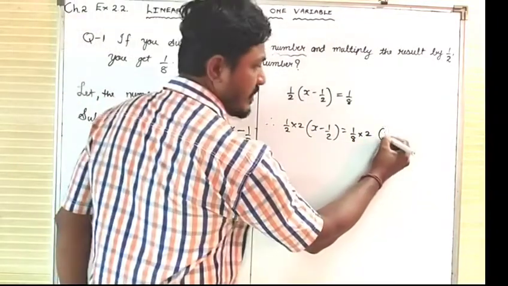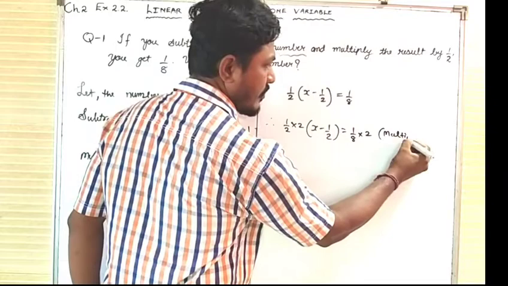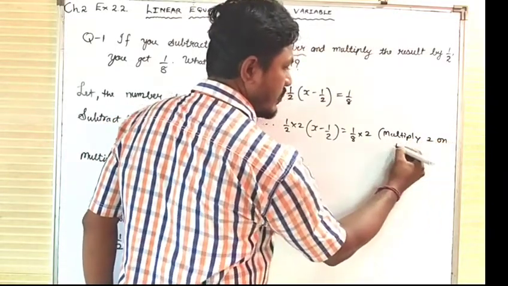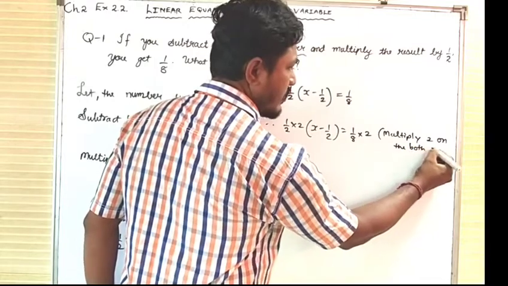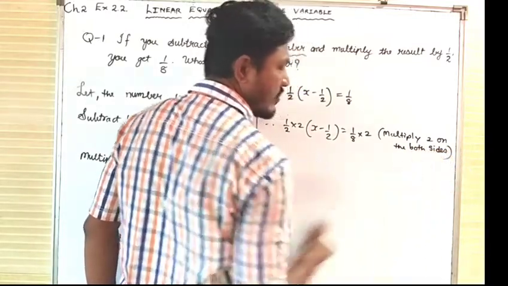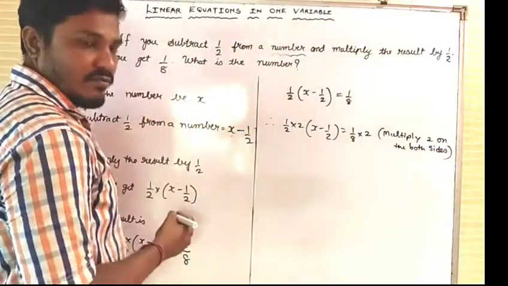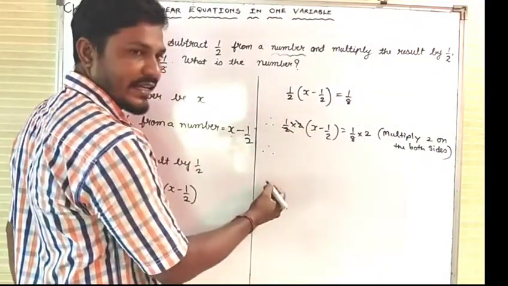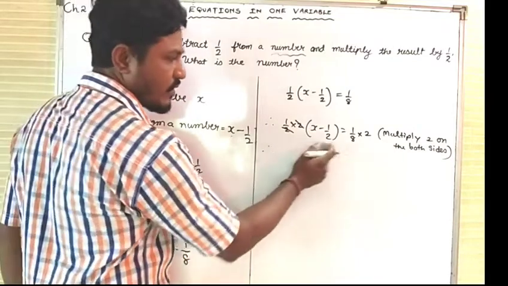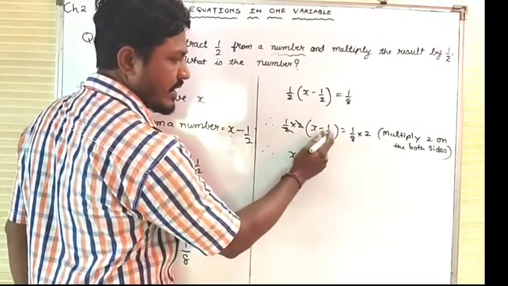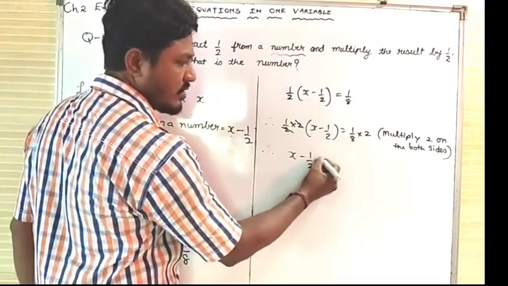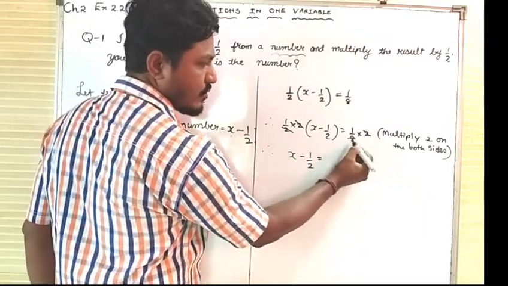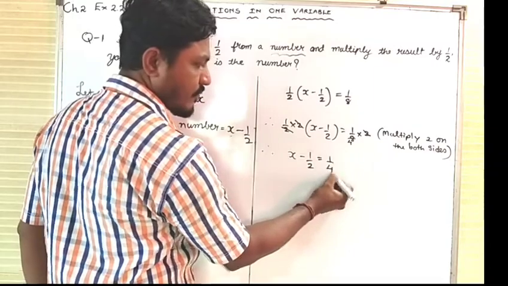So multiply 2 on both sides. After multiplying 2 on both sides, 2 and 2 get cancelled. Whatever is left, write down: x minus 1 by 2 is equal to, and here cancellation is possible on the right hand side: 2 ones are 2, 2 fours are 8, so 1 by 4.